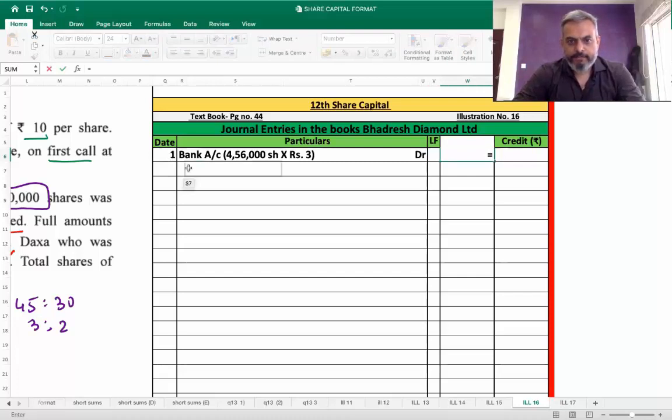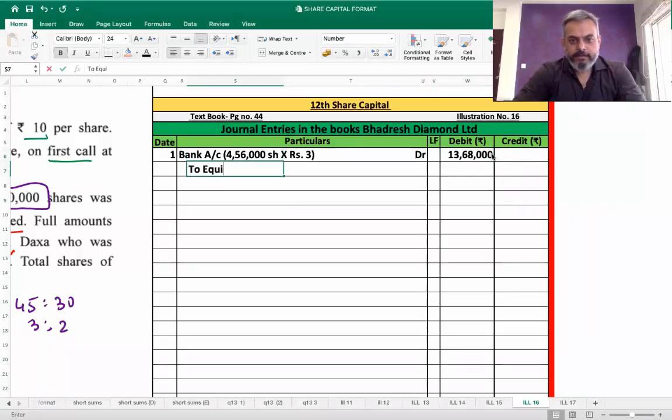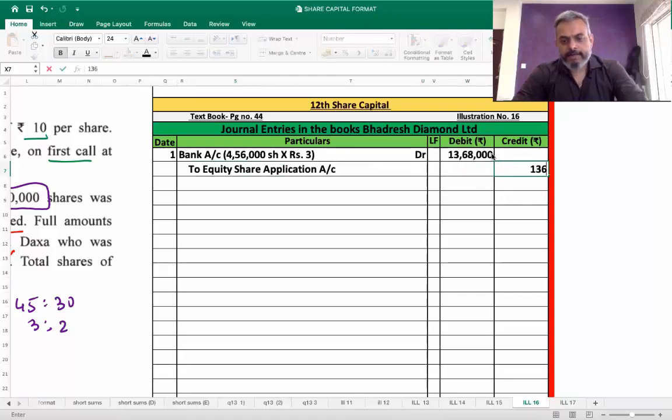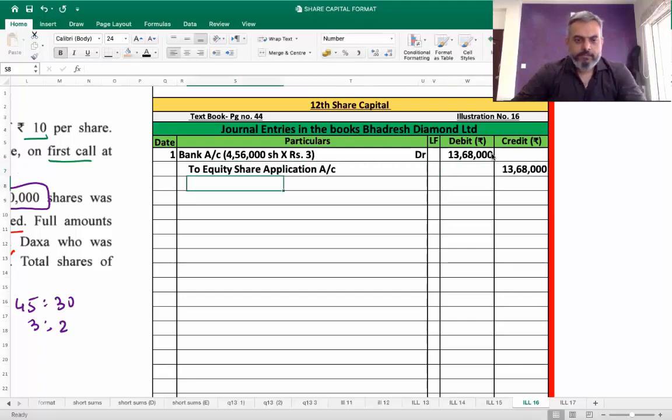So, to equity share application account, 13,68,000. Close the entry.